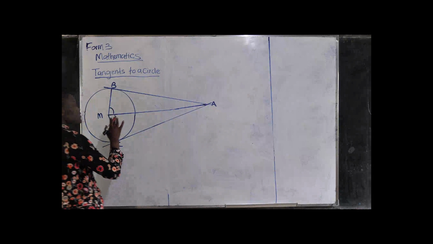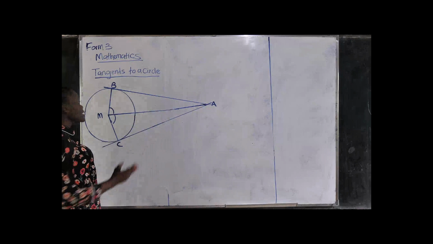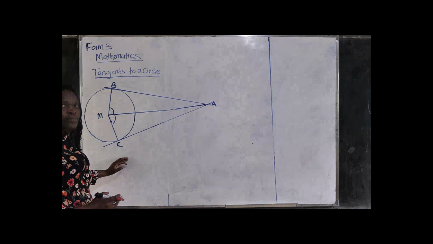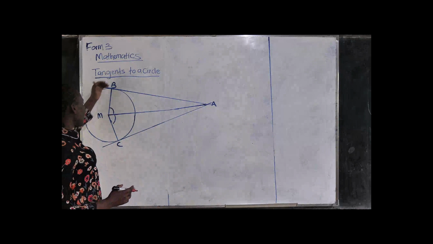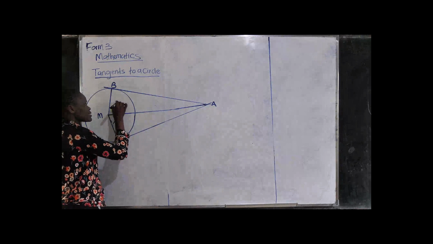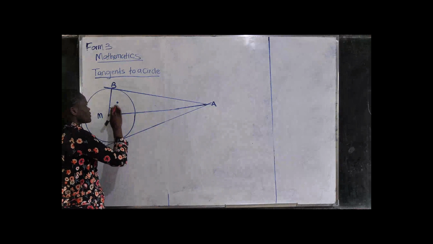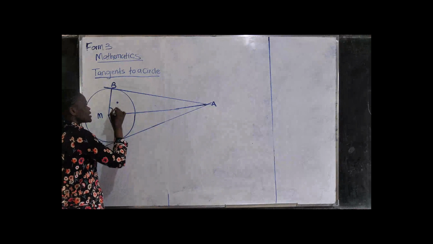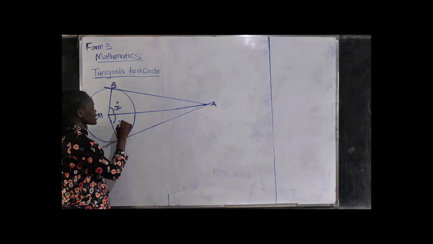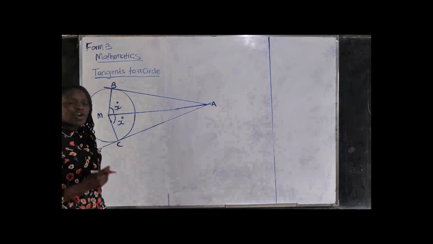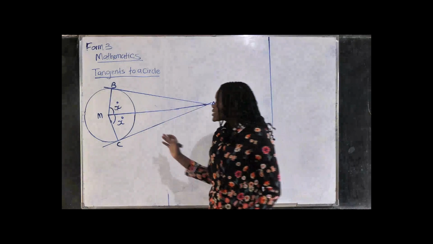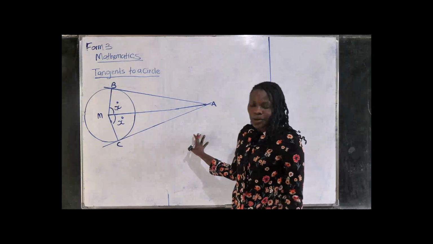The line MA bisects angle BMC, and each part will be x degrees. So those are some of the properties of tangents that extend outside the circle.